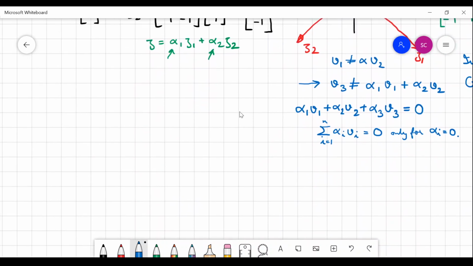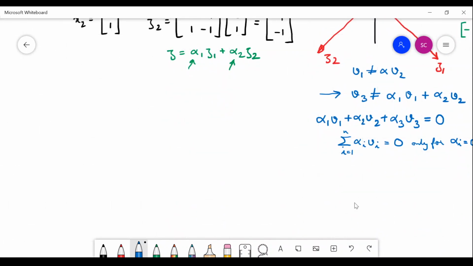With this idea, we can pose a different problem. Previously, when we were doing this operation M into x, matrix and a vector, we were supposing that M is n cross n, x is n cross 1. But do we need M to be n cross n all the time?